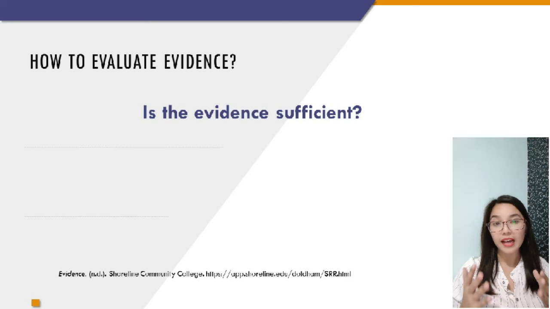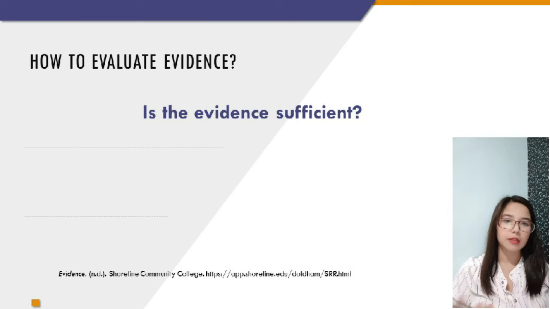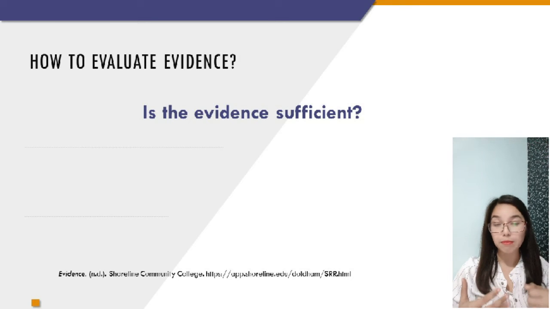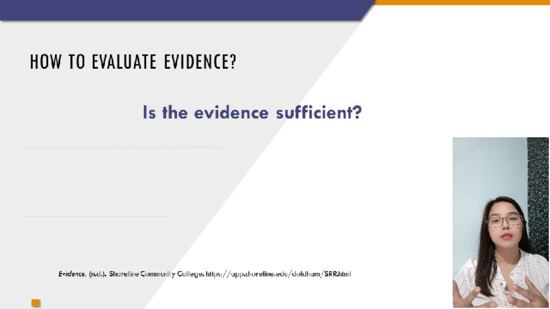You also have to check if the evidence presented is enough. If you're a writer, you can add more evidence if you think it will be easier for your readers to be persuaded, so that can help you. So this one is helpful both as a reader or as a writer.